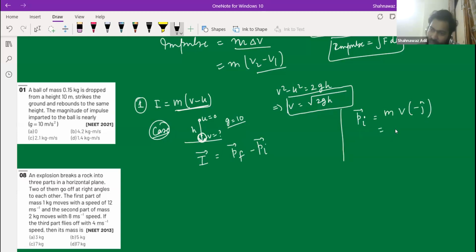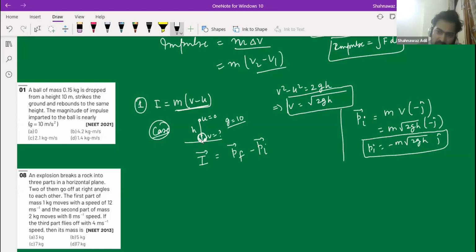So this is m root 2gh and minus j hat, so minus m root 2gh j hat. This is the initial momentum. What is the final momentum? It would rebound with the same velocity, right?